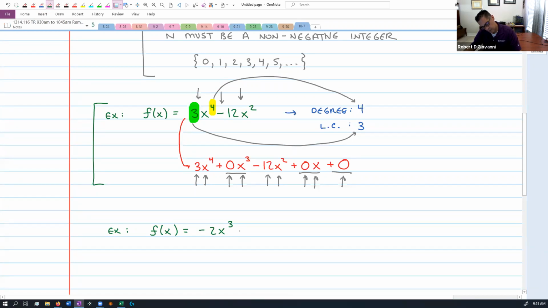Trying to make something that works here. Plus 4x squared, minus, no, make it plus 4x. There we go.